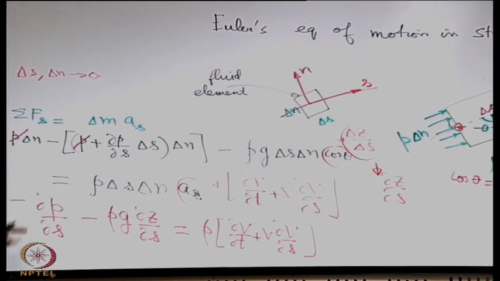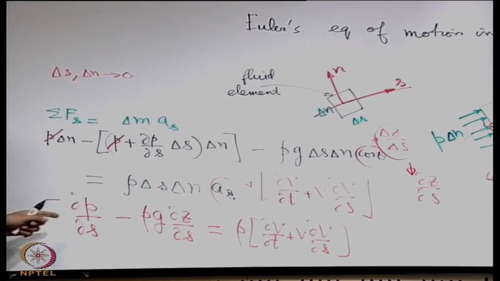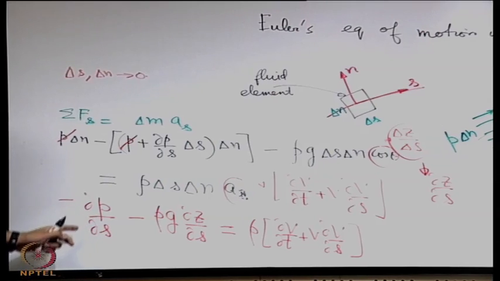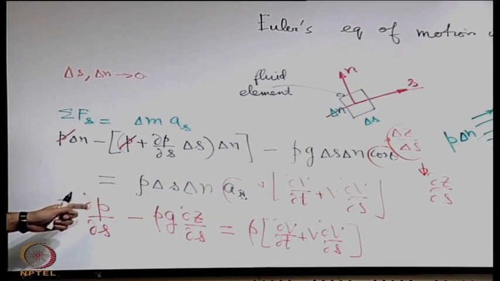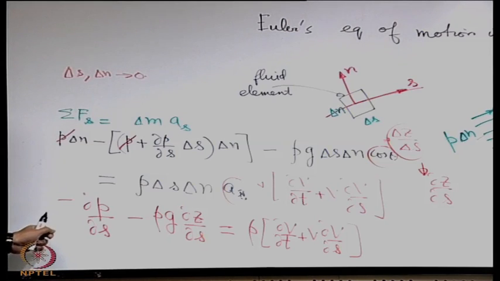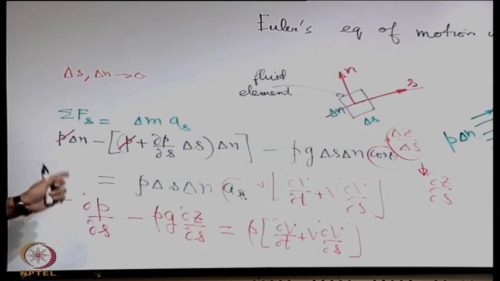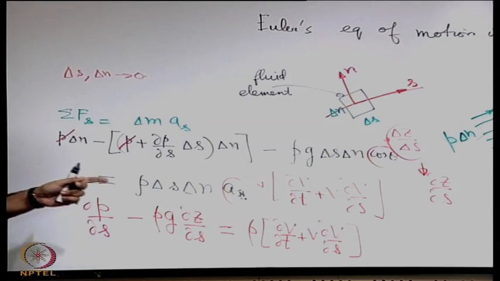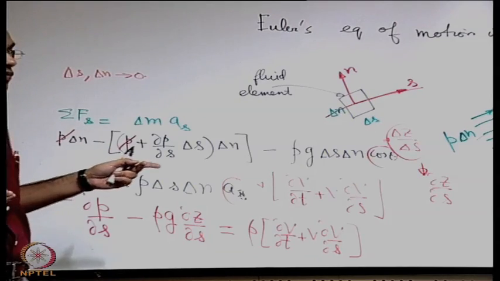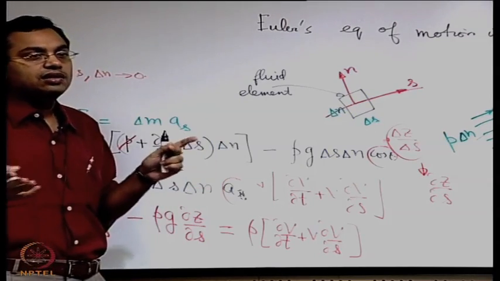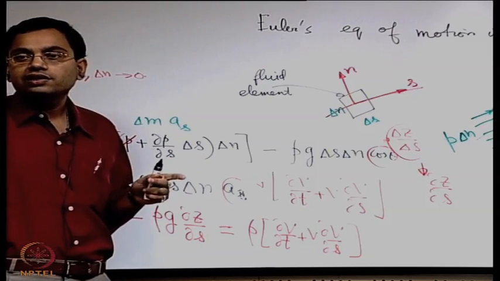you can clearly see that this, if you integrate with respect to s, this will become the Euler's equation of motion in the streamline coordinates. We have derived that from a different point of view by considering the equation of motion along x, y and z, and then using that to find out the net change in pressure.